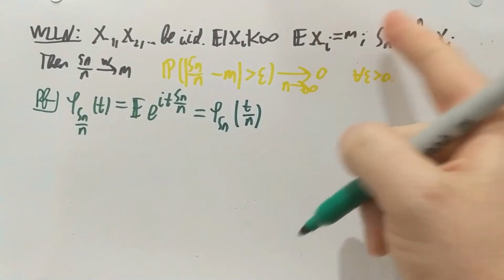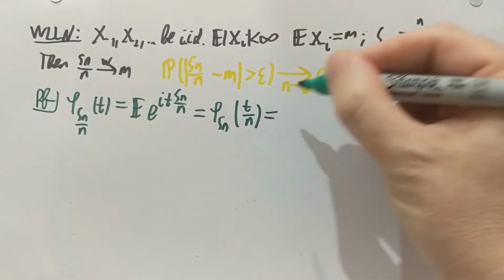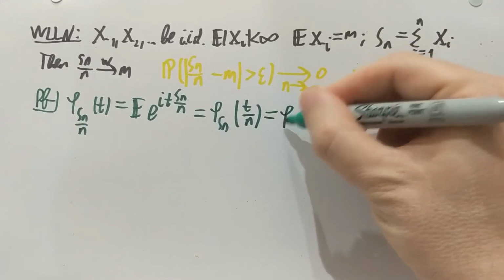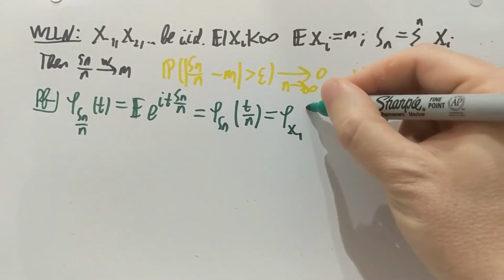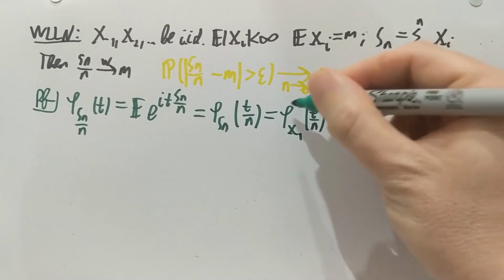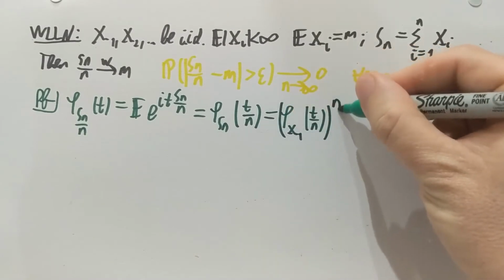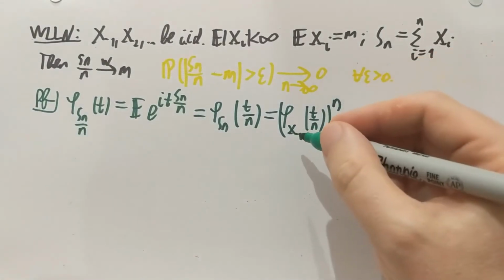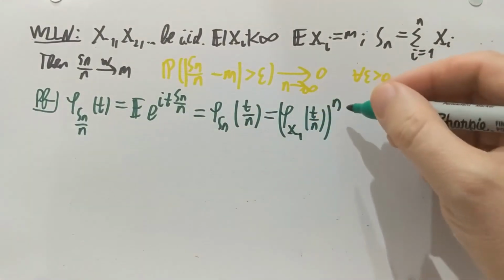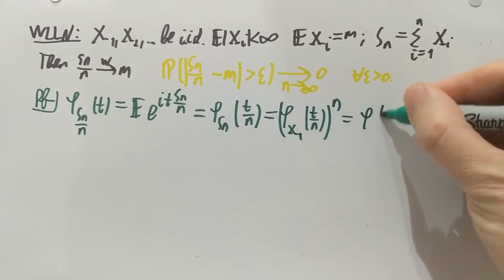Sn is the sum of IID random variables, so this is going to be the characteristic function of just one of them taken at the same place t over n, however raised to the nth power because we have an n-fold convolution here. Okay, I'm going to drop this notation X1, so I'm just going to denote this simply phi.